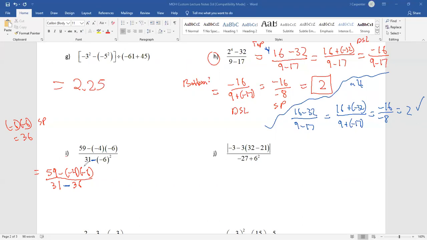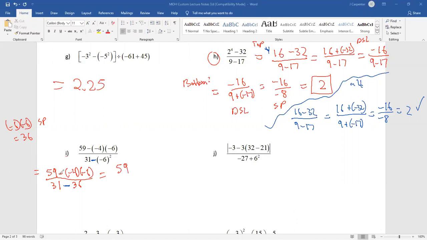All right, well, now we got to look for multiplications and divisions, and we have a multiplication in the top. We got this negative 4 times negative 6. I'm not going to focus on that negative I'm pointing at right now. This is just going to be brought over. So the 59, and again, I'll change the color.